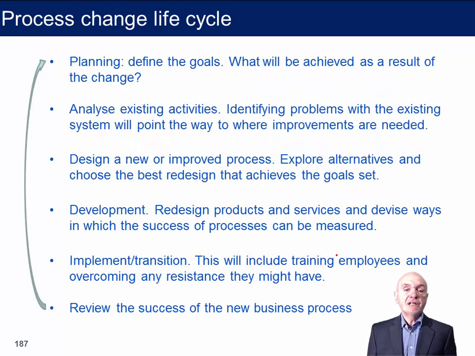The process change life cycle: pretty easy really to see what's going on here. How do we go about changing, or let's say implementing an internet trading system of that sort, the example we're going to be sticking with here. We have to first of all plan and define the goals. What are we going to be doing on our internet site? Is it just going to be an advertising portal where we can let people see the goods, but then they have to ring up for those goods?